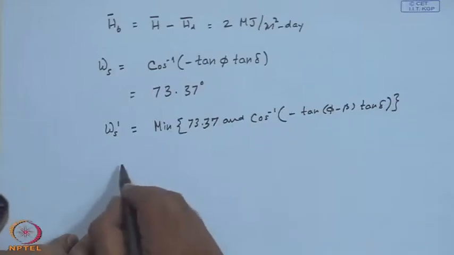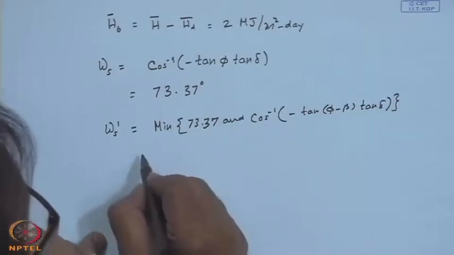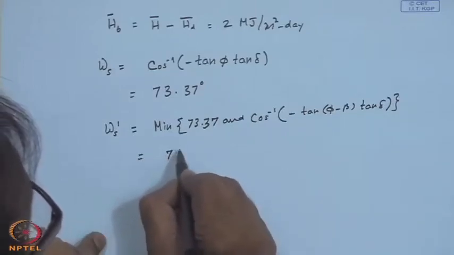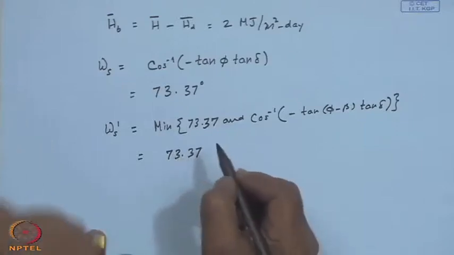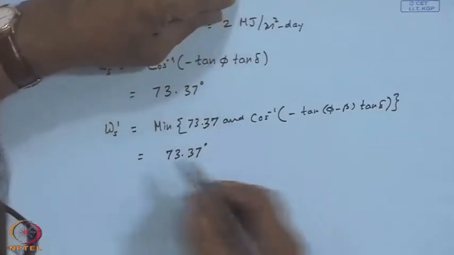We have the trigonometric argument. When delta is negative, this minimum will turn out to be 73.37 in the northern hemisphere.